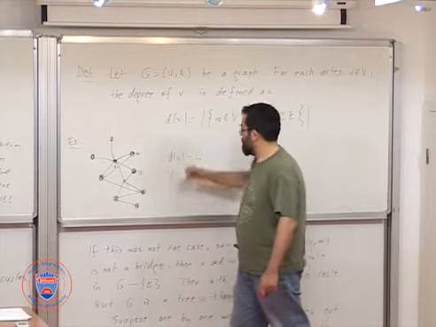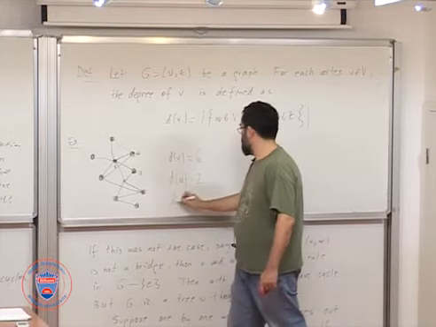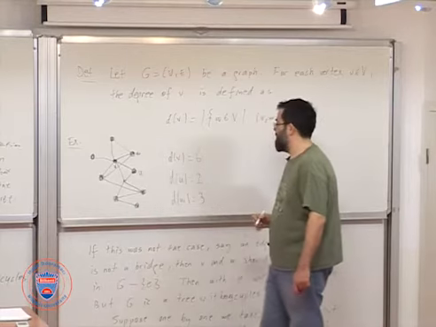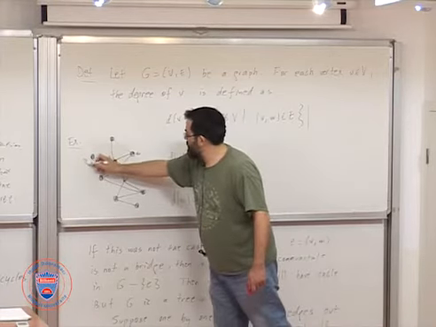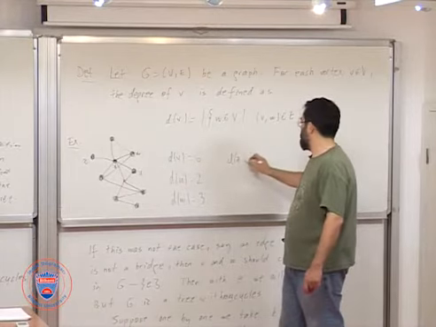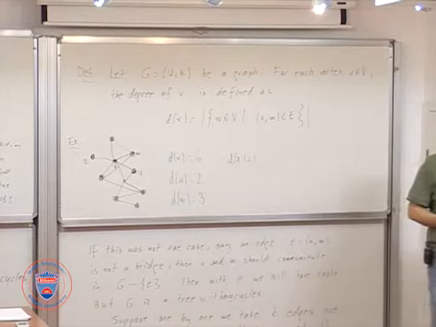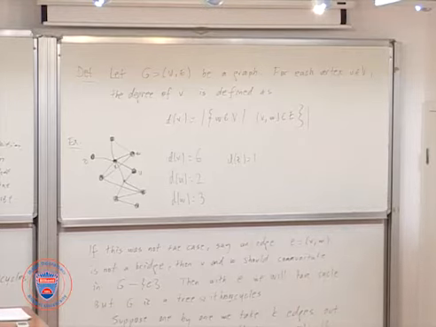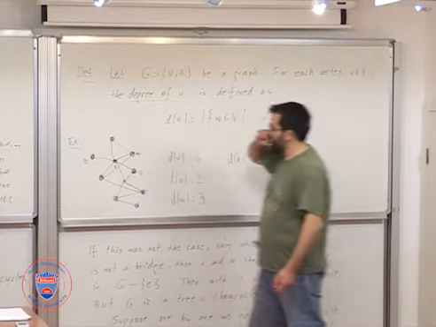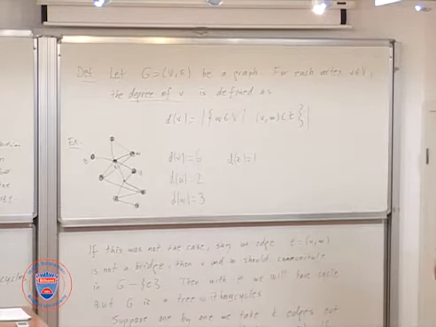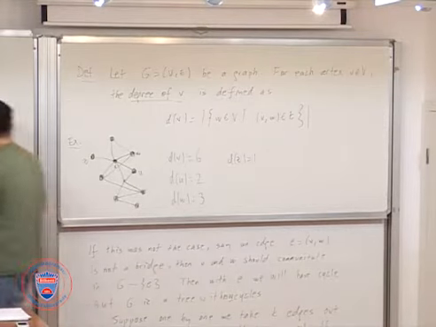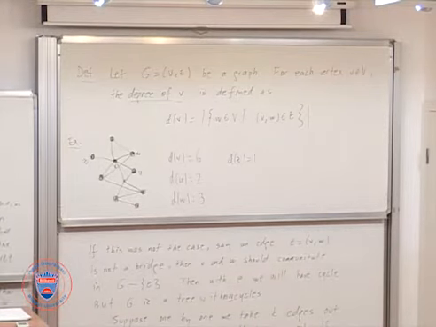For this W also 2. Let's make it 3. So for W, it's 3. For this one, say call it Z, for that vertex, it's 1. So degree is the number of vertices that are attached, or the number of edges coming out of your vertex. You could also see it in the picture like that. Now, degree will be crucial to understand trees as well. So for trees, we'll look at the degrees and we'll try to see it.